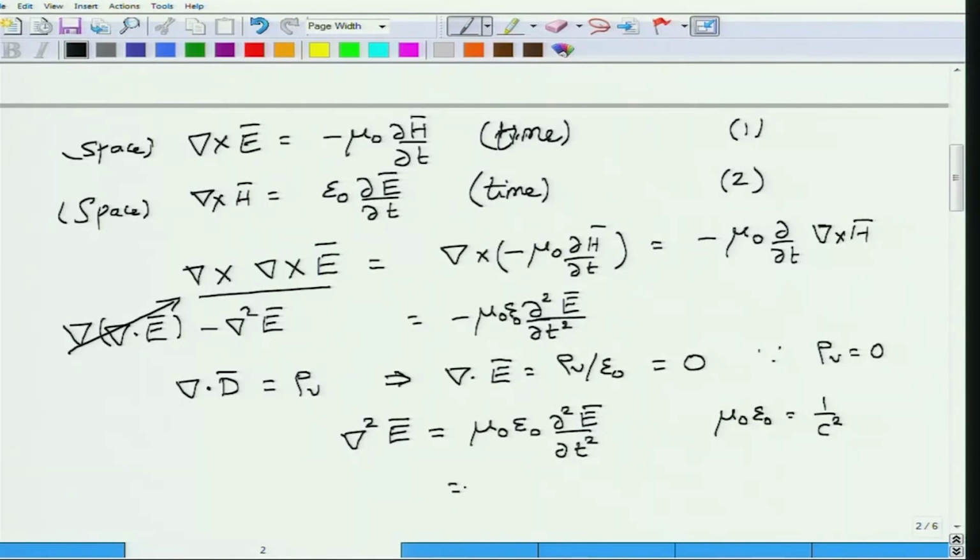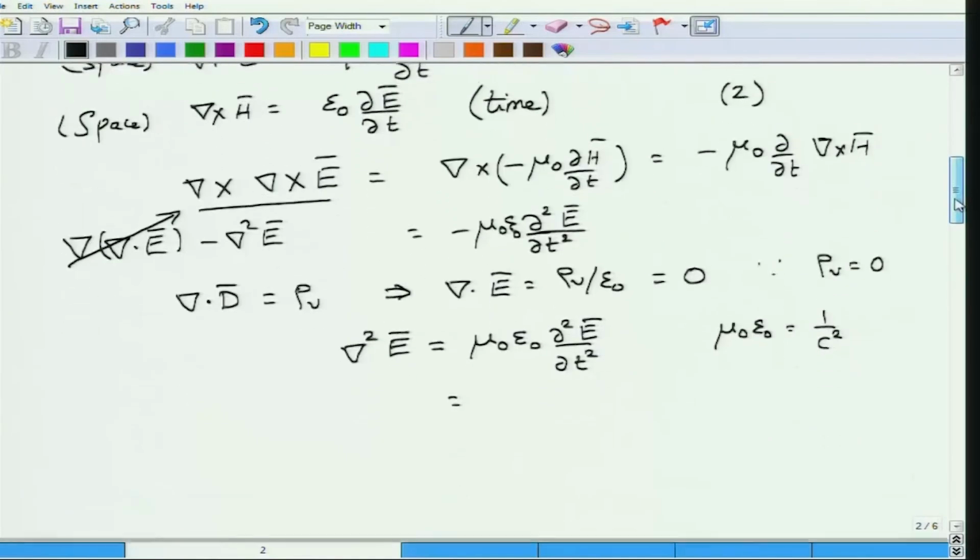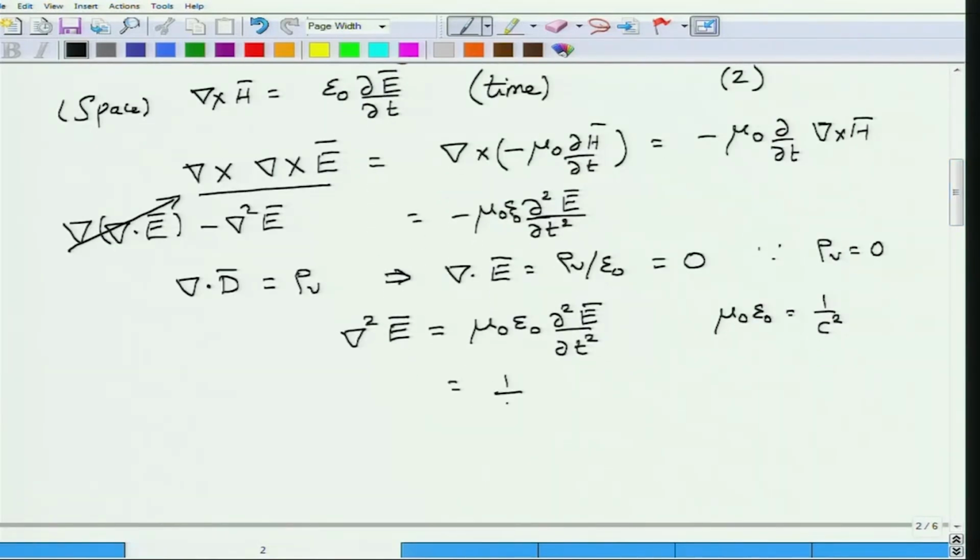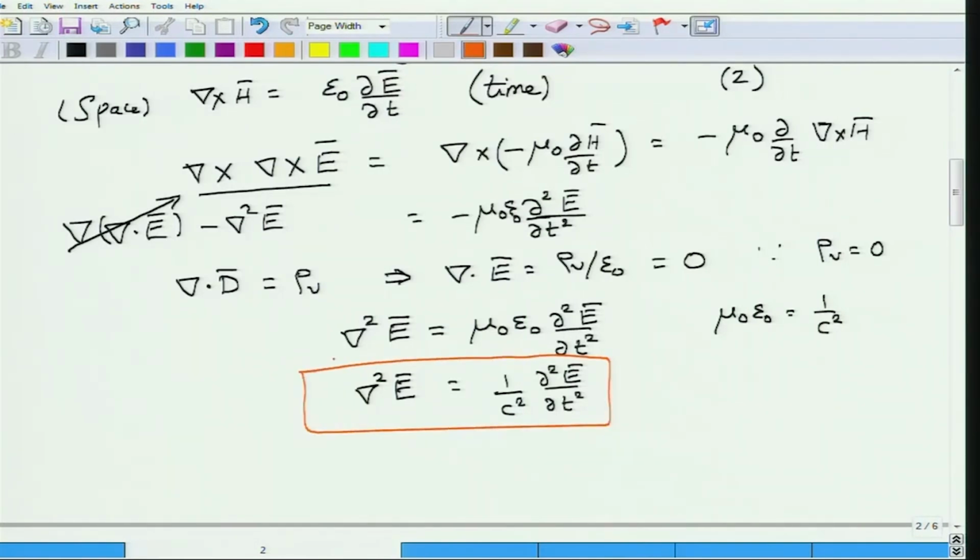So instead of writing like this, you can write this as 1 by c square del square E by del T square. Okay. This expression which we have just obtained under certain assumptions which are all very reasonable is called the wave equation. Wave equation for electric field. Okay. So this is the expression that we were looking for.